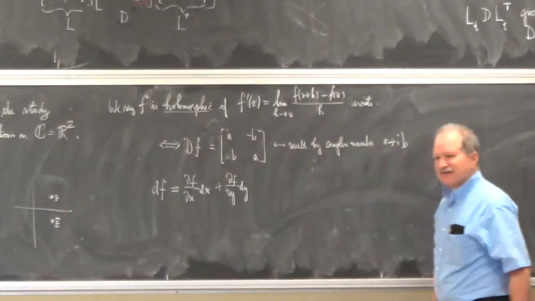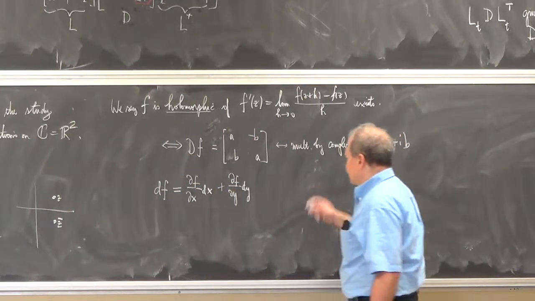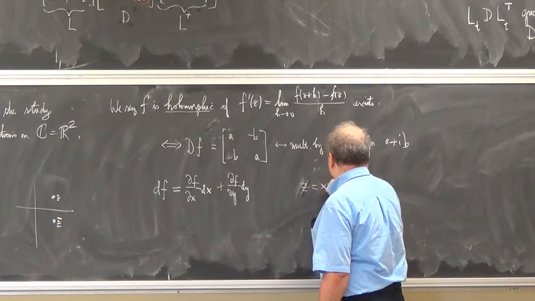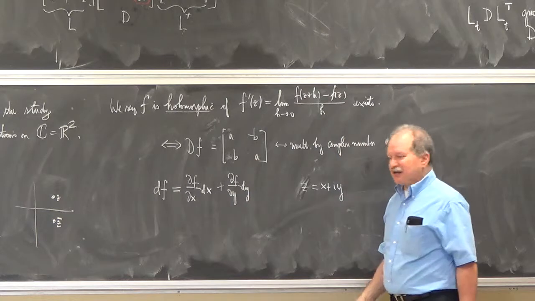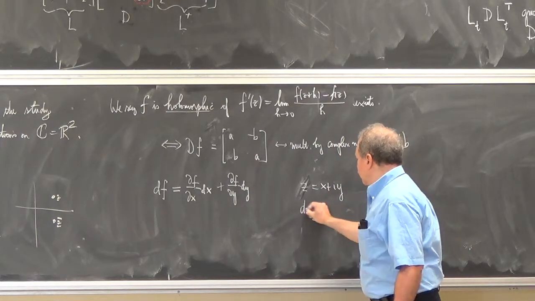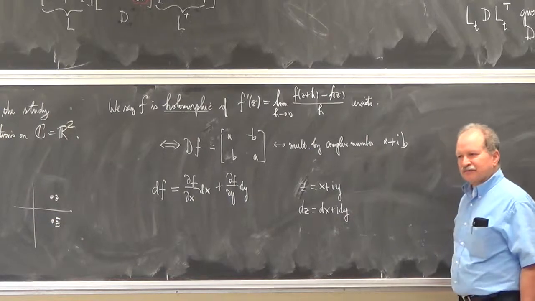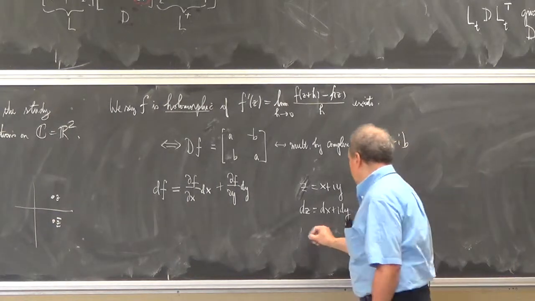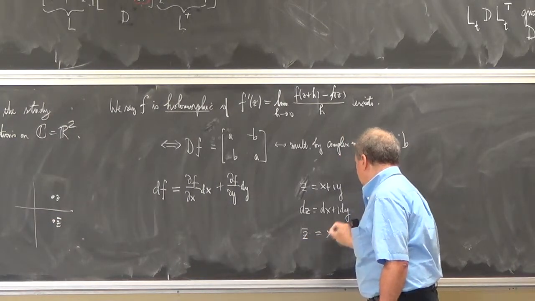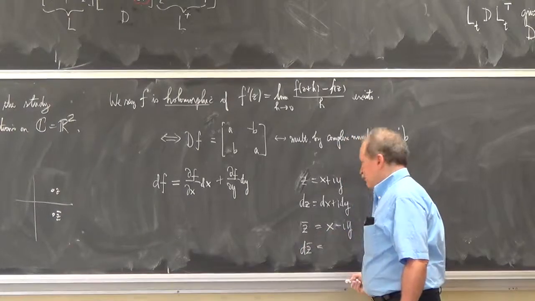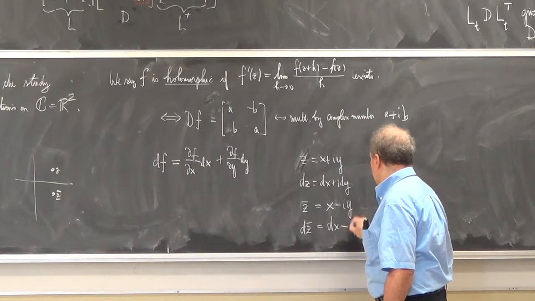I like z's. So I'm going to say to myself, if I wrote down z, I could take d of it, and I would have dx plus i dy. And I could write down z bar, and I could take d of it as a complex function, and I would have dx minus i dy.